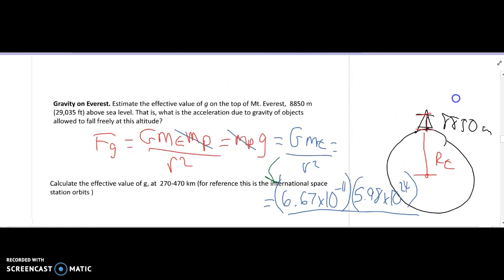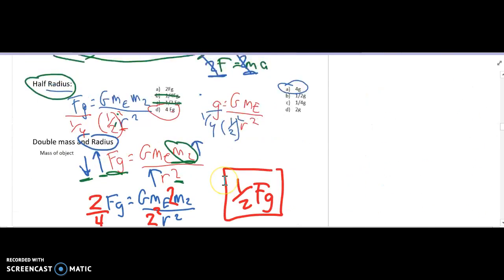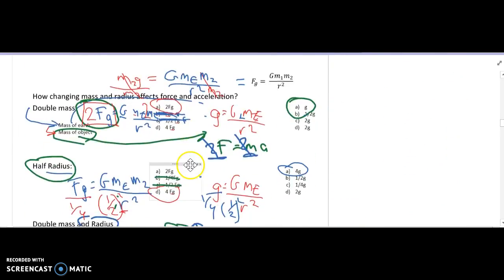How would I write this distance? Well, it is the 8,850 meters plus the radius of the Earth, which I saw in the problem above. That is the 6.38 kilometers. Again, practice.